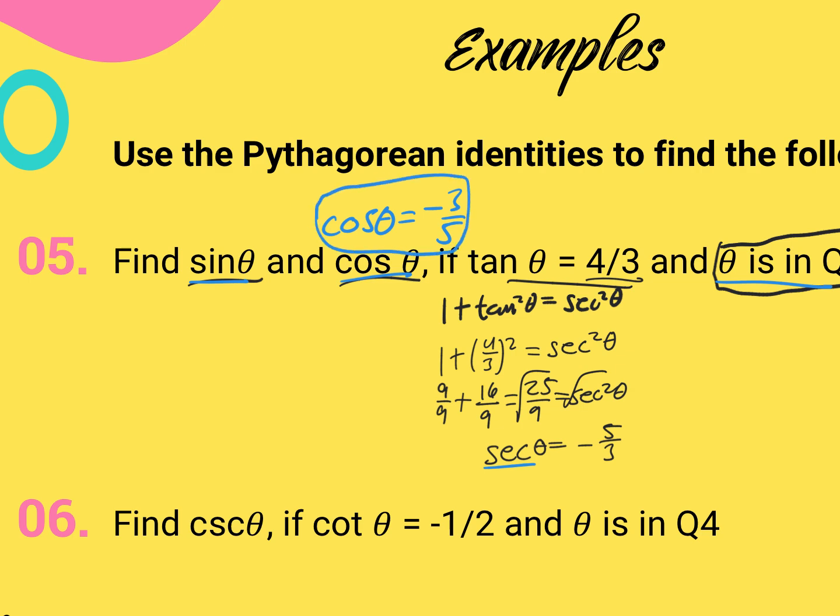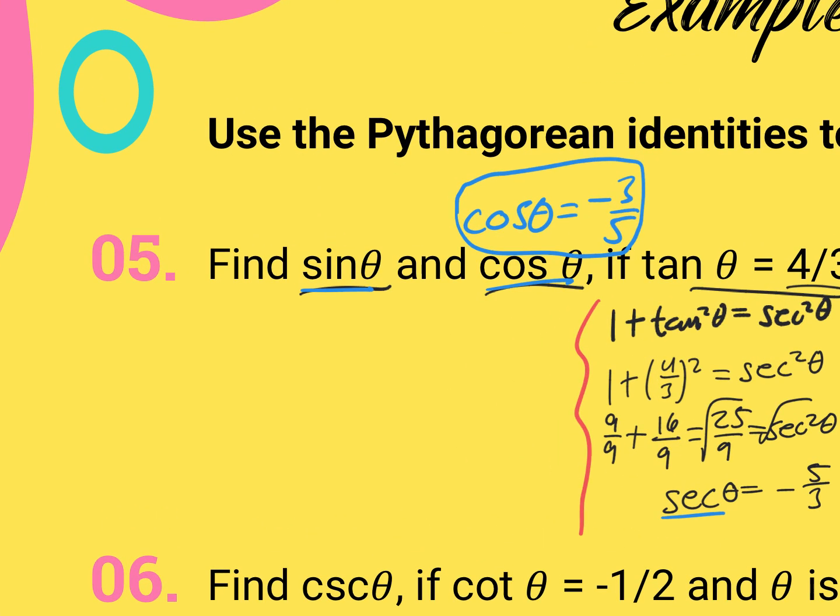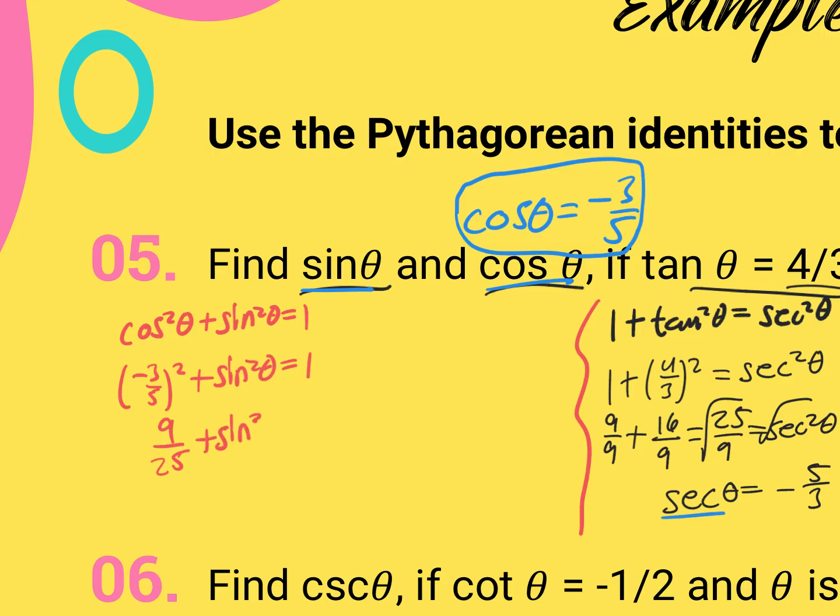To find sine now, we can use another Pythagorean identity that relates sine and cosine. I know that cosine squared theta plus sine squared theta equals 1. So we have negative 3/5 squared plus sine squared theta equals 1, which gets us 9/25 plus sine squared theta equals 1.